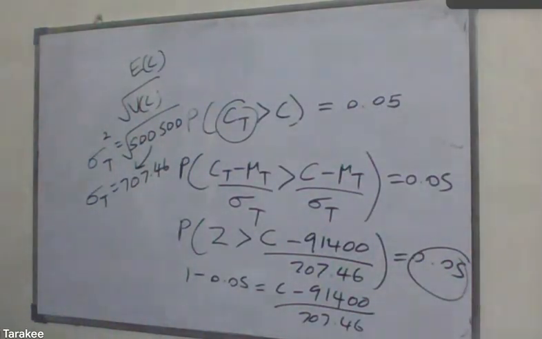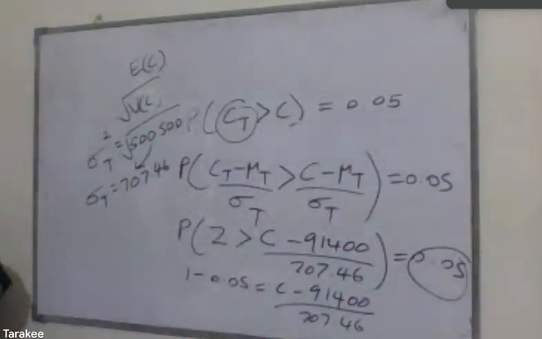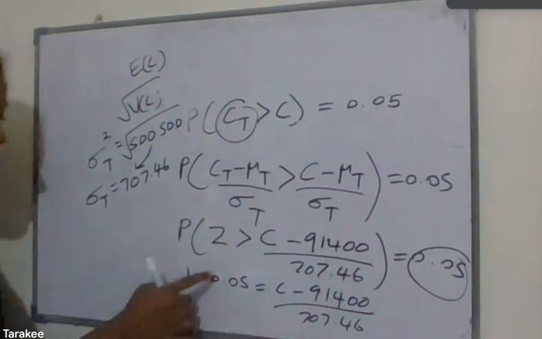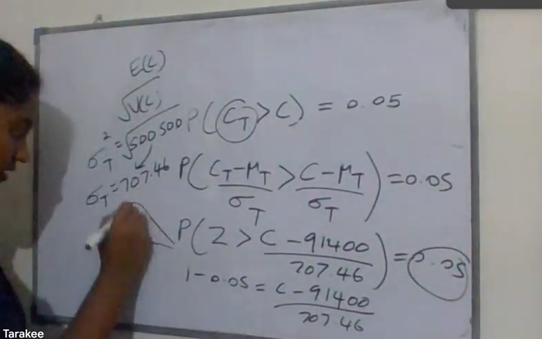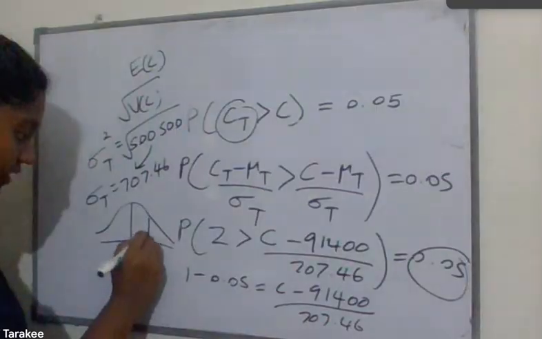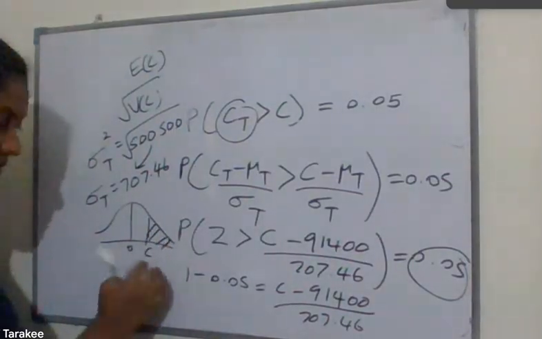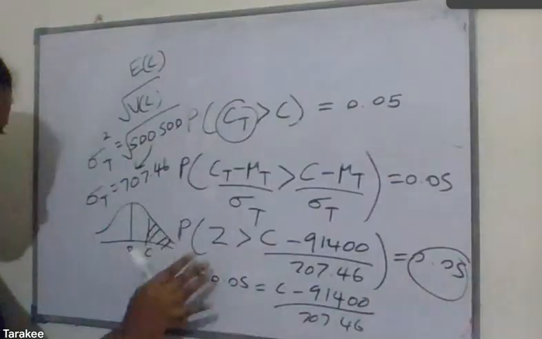Since there is no value here, we have to flip to the other side. If we consider Z greater than, this is this side now, so we can't do that side.